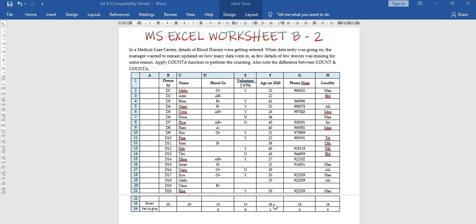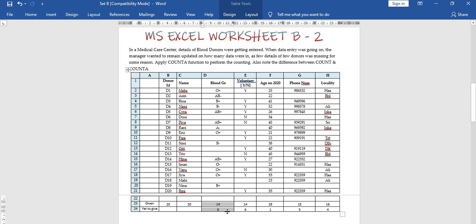Then for some people maybe the age is missing. For some people, the phone number might be missing. For some people, the locality might be missing. So this count has to be done with the help of a formula, because this is a calculation, and the moment the filling is done, this is supposed to get updated.